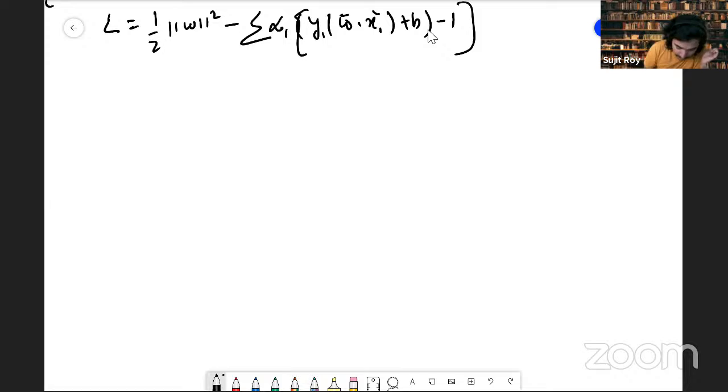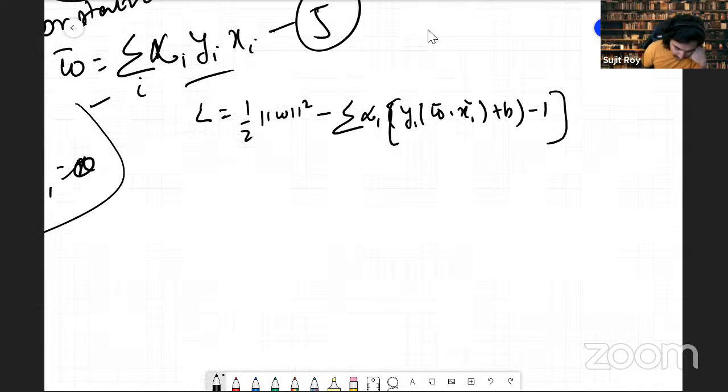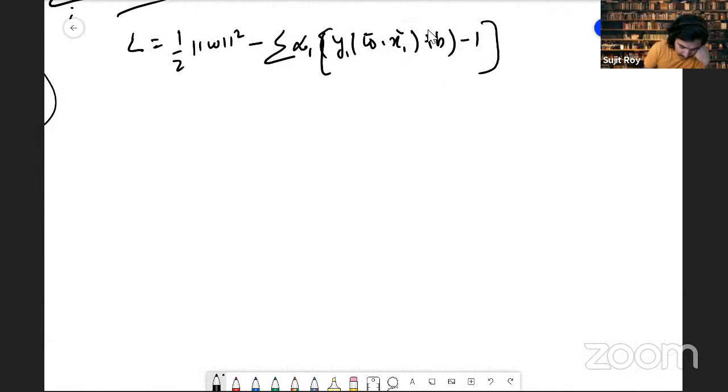So when we plug back into this function, we have the value that we got: w is equal to alpha i yi xi. So obviously in the first case it will be very simple.